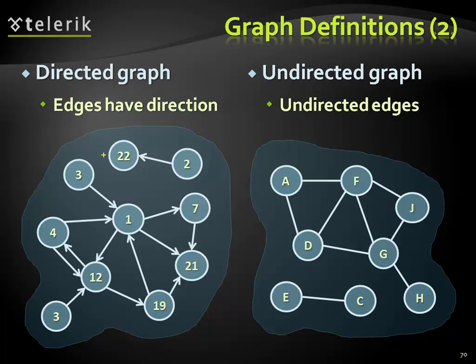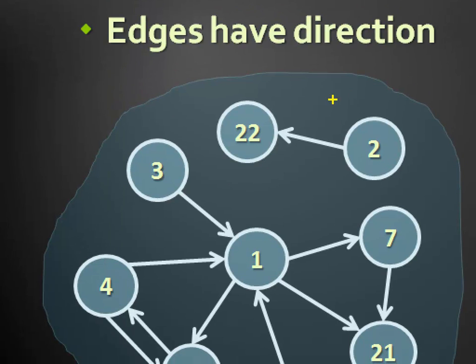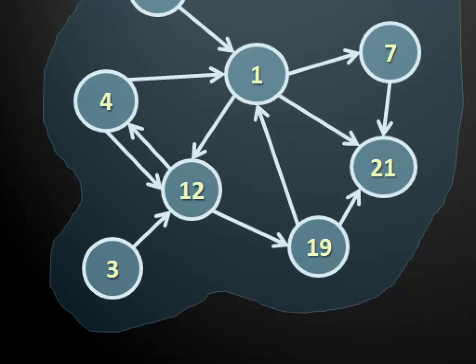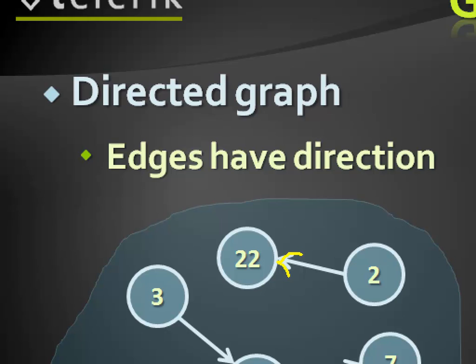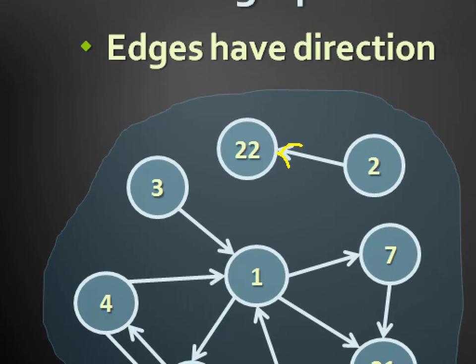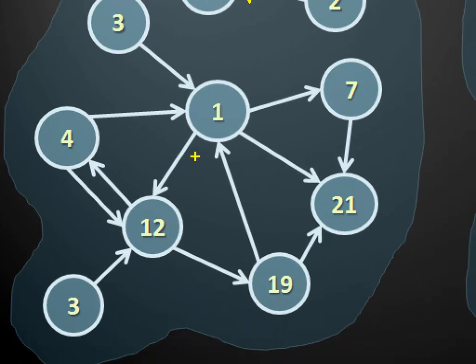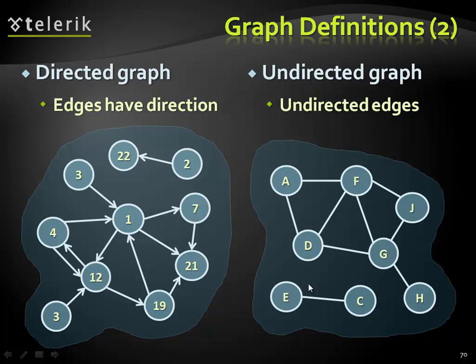So what we have to mention here, edges having direction, that means a directed graph. Some directions. You can't go from 1 to 3. You can go from 3 to 1, but not from 1 to 3. Okay. Undirected graph, you can go from anywhere to anywhere as long as there is a connection.